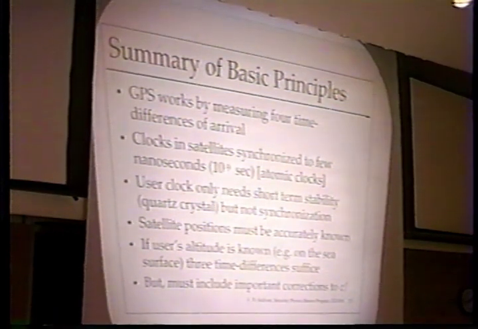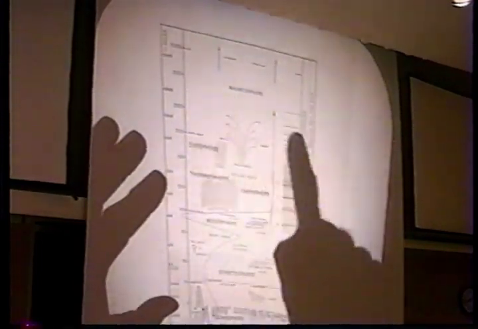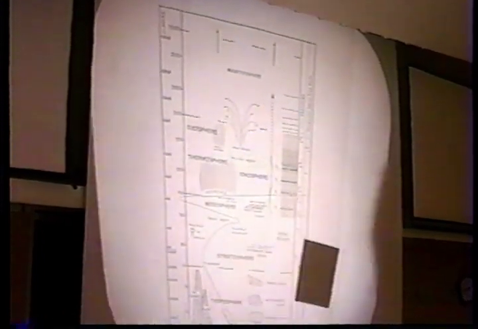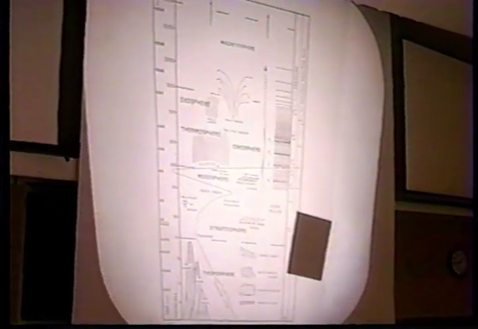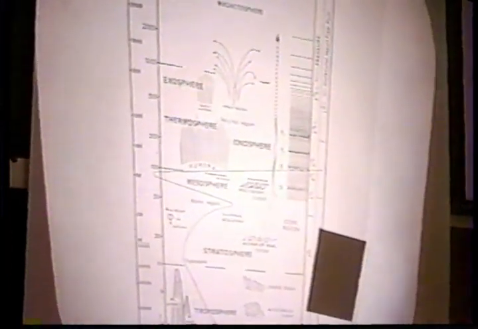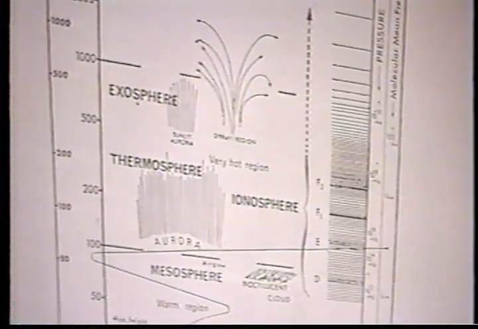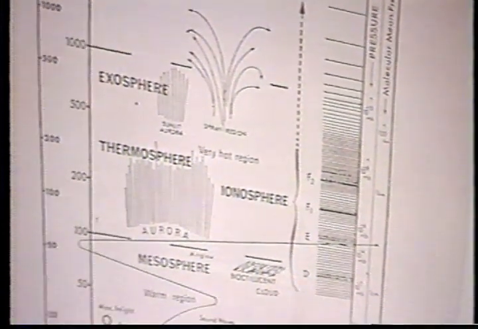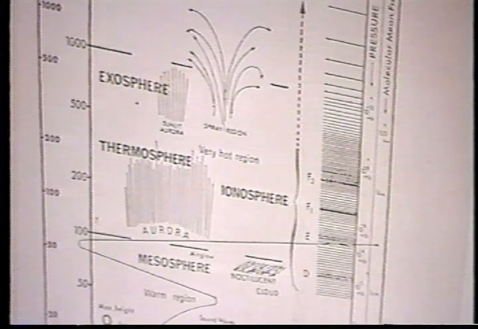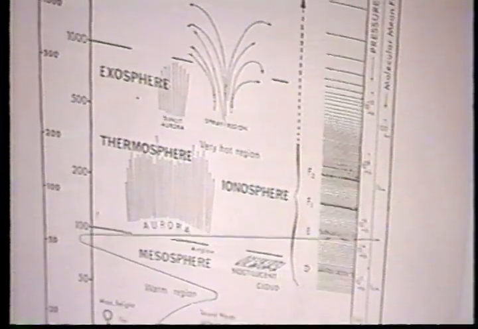But the radio waves that get to us from the satellites go through something called the ionosphere, way up high, where we have charged particles, electrons, which cause significant effects on the speed at which the radio waves propagate. And then when they come down to the lower part of the atmosphere, called the troposphere, they're also affected in the more dense part of the atmosphere.